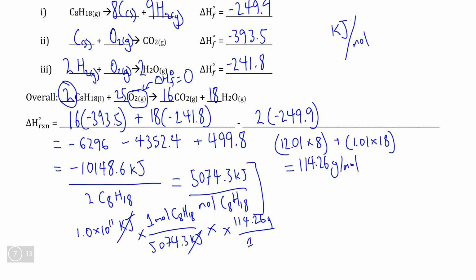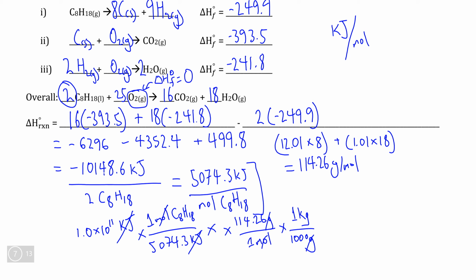114.26 grams per mole. So we see that moles cancel here, and this tells us the number of grams of octane that we would need, which comes to a very, very large number, which is why the question asks for it in kilograms, so we know that 1 kilogram is equal to 1,000 grams.